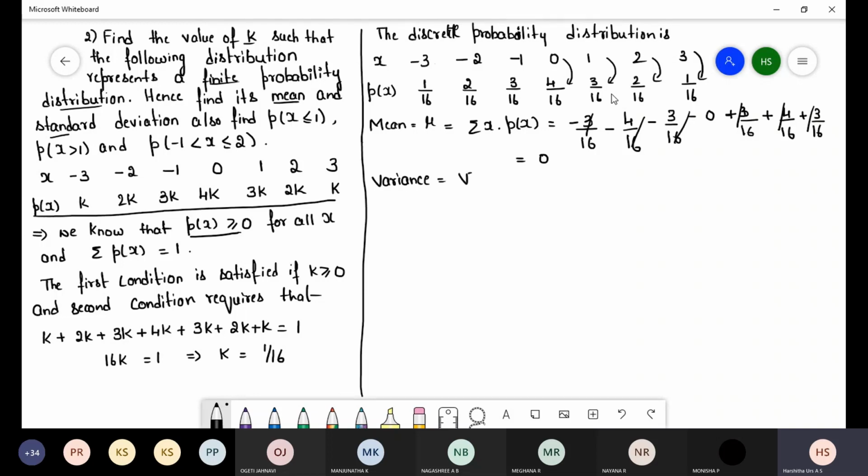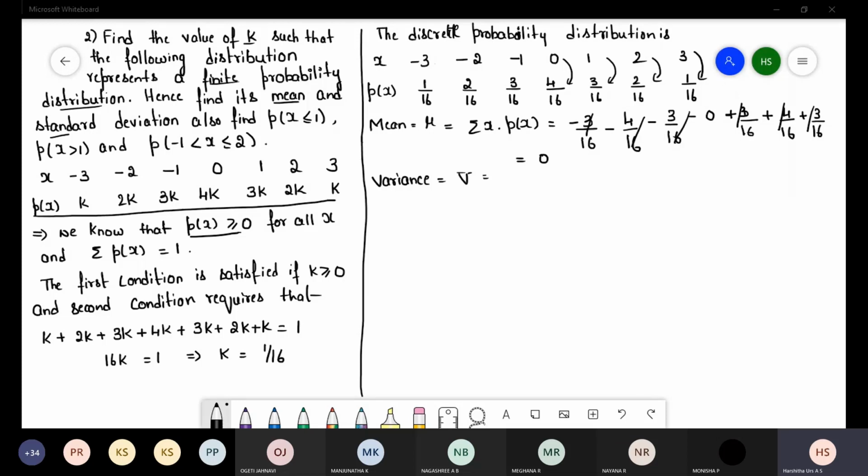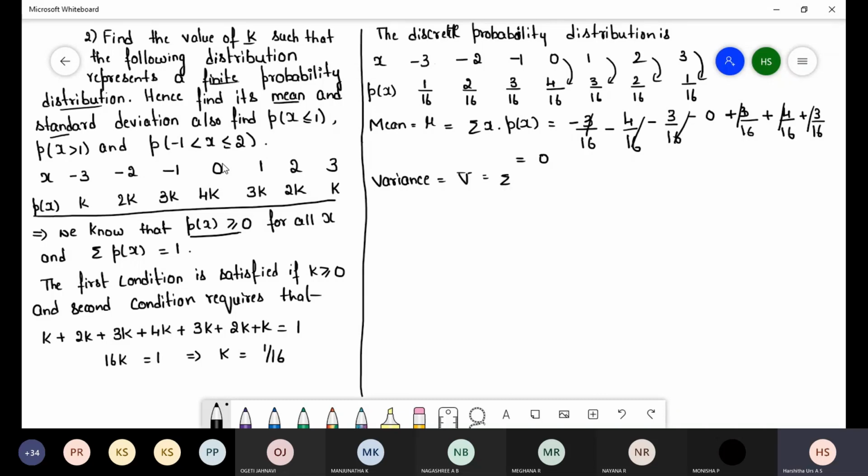Variance we denote by V. The variance formula is the sum of (x minus mu) whole square into P(x). So first, (−3 minus 0) whole square into 1 by 16, plus (−2 minus 0) whole square into 2 by 16, plus (−1 minus 0) whole square into 3 by 16.